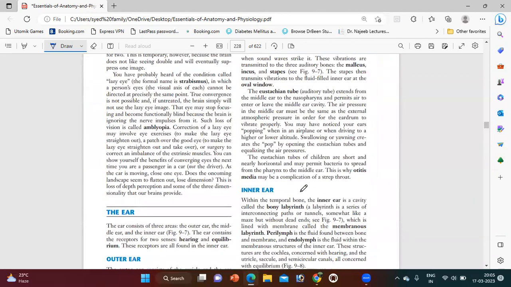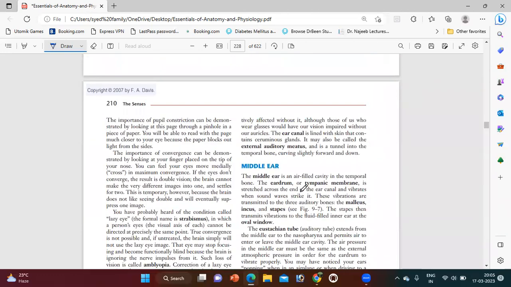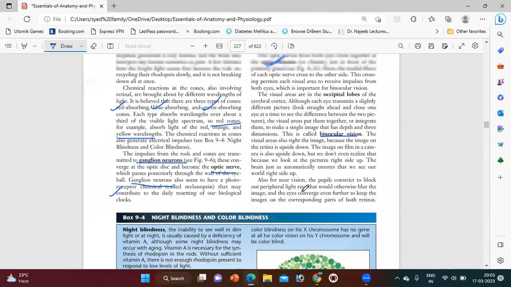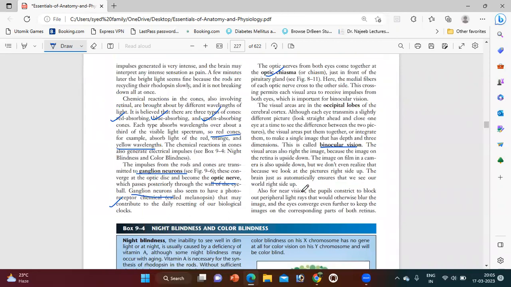Next, the second thing we have to understand is that the pupils will constrict and dilate. This is also one function of the eye, for seeing distant objects and nearby objects, and it also depends upon the light.